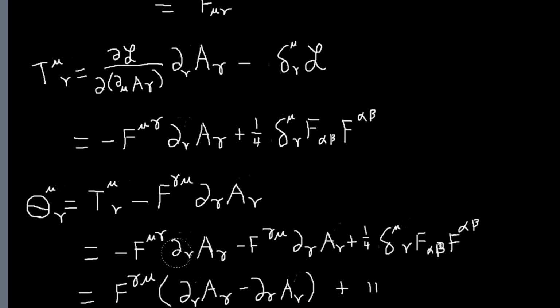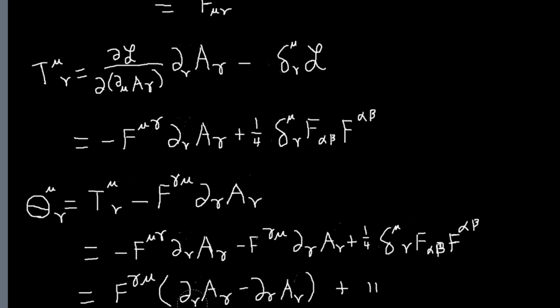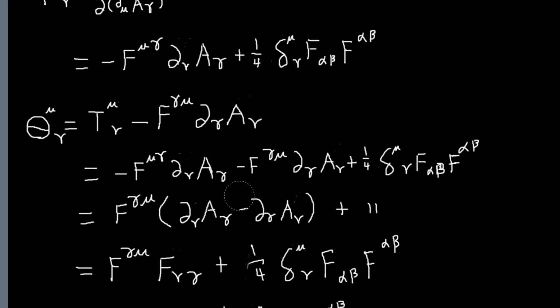With this term, I can use the antisymmetry of F, so switch the gamma and the mu, so I get a plus sign. And then both of these terms will have an F gamma mu that I can factor out. And that'll leave me with a d nu A gamma minus d gamma A nu. But that's just F nu gamma. So our new energy momentum tensor will be this.